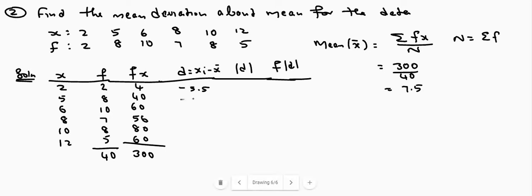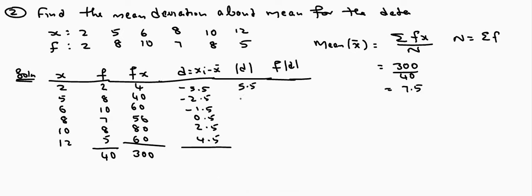Here minus 2.5, 6 minus 7.5 is minus 1.5, 8 minus 7.5 is 0.5, 10 minus 7.5 is 2.5, and 12 minus 7.5, we get 4.5. After that its absolute value we get 5.5, 2.5, 1.5, 0.5, 2.5 and 4.5.